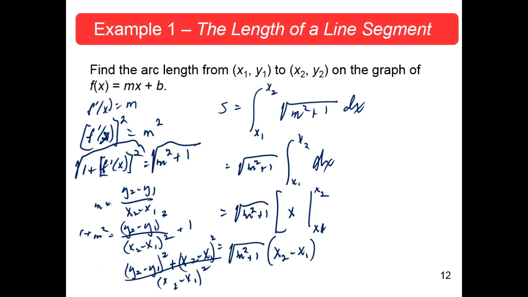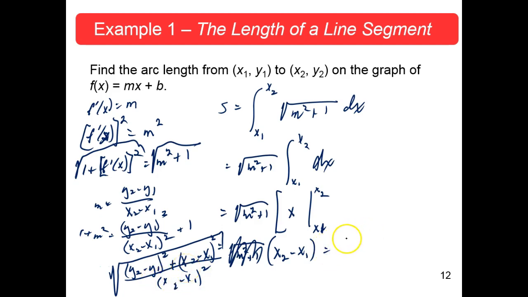What I did was write the 1 as x2 minus x1 over x2 minus x1, so it would be this plus that, with the same denominator. So we need to take a square root of that. If you take the square root of this, that denominator is a perfect square.